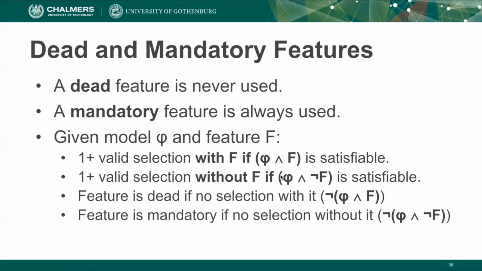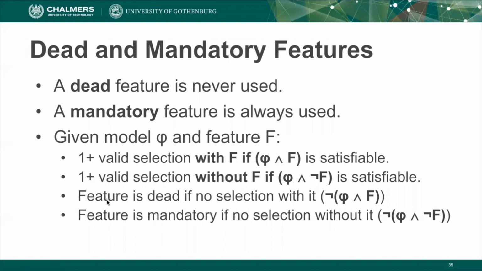Similarly, if we plugged in phi and not F, that comes back and tells us there are feature selections possible without F. So a feature is dead if there is no valid feature selection with that feature in it, right? If phi and F is not satisfiable, that means the feature is dead.